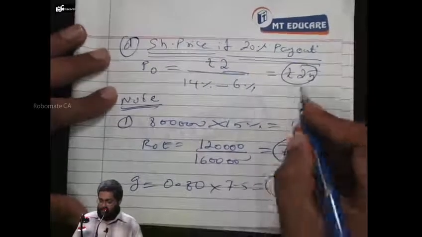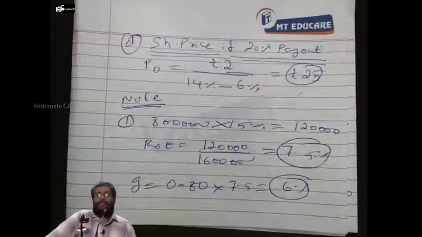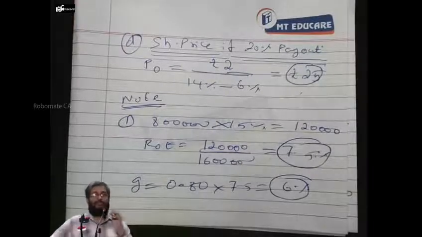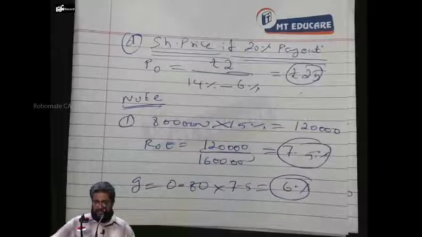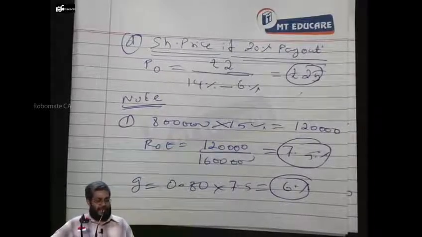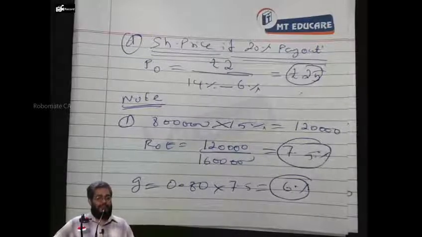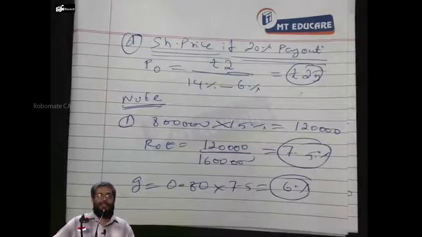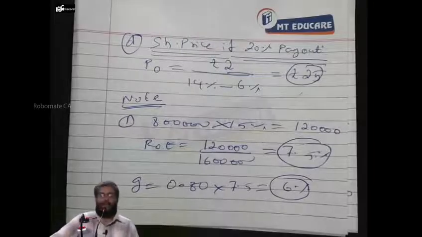Up to this you have copied? 25 pounds, copied or not? Write down notes. Point number 1: the company retains how many pounds? 16 lakh pounds.